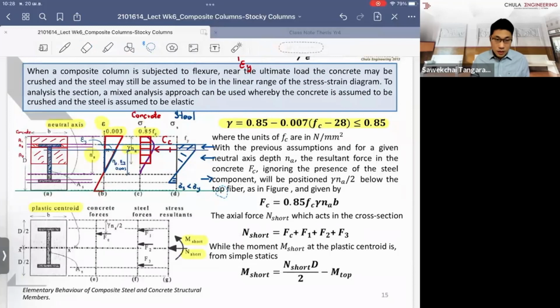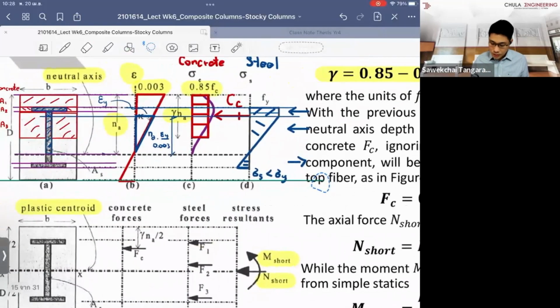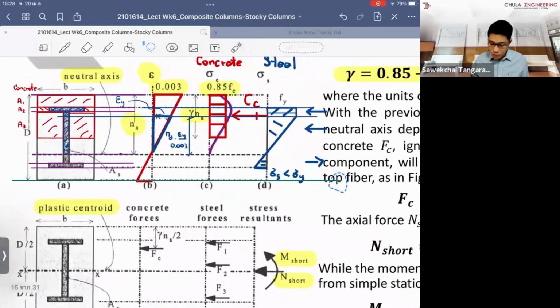For example, if you write the code in Excel, you can simply raise the level of neutral axis depth from the bottom. If the neutral axis depth is at the bottom, what it really means is it's very close to the full axial force capacity, because most of the cross section will develop the compression force, right? And you raise them up, right, until it reaches the pure bending. So we keep raising up the neutral axis depth and varying them, and then you keep calculating.